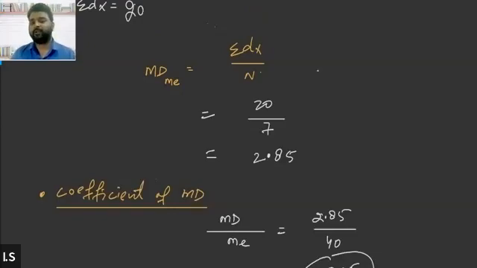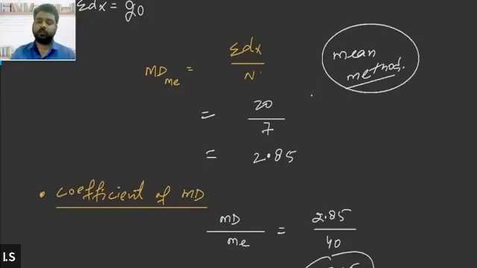As I've already told you, we have two methods to calculate mean deviation: the median method and the mean method. In the median method, we calculate the deviation by subtracting the median value from each item.